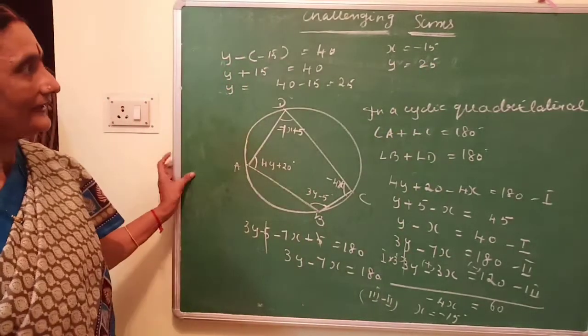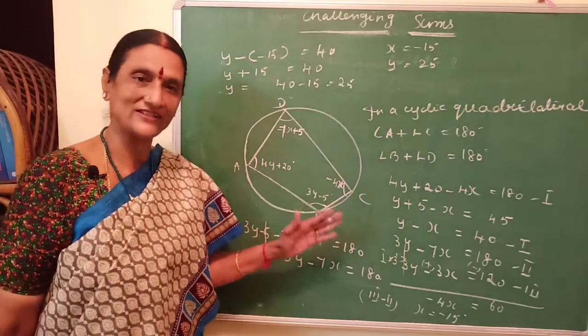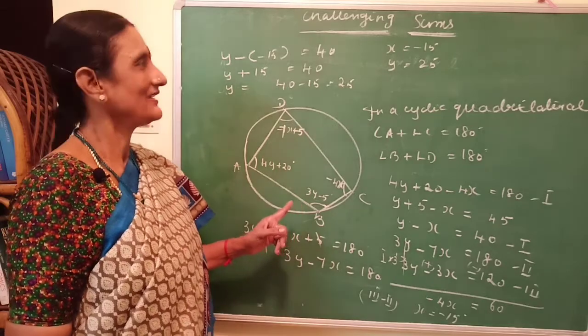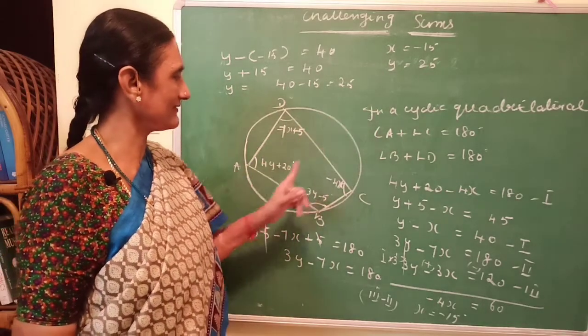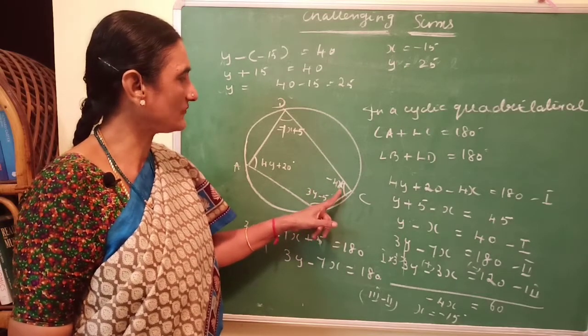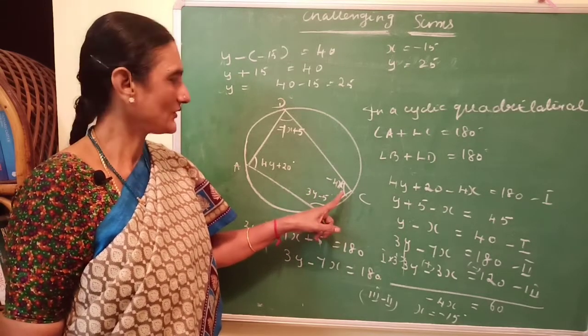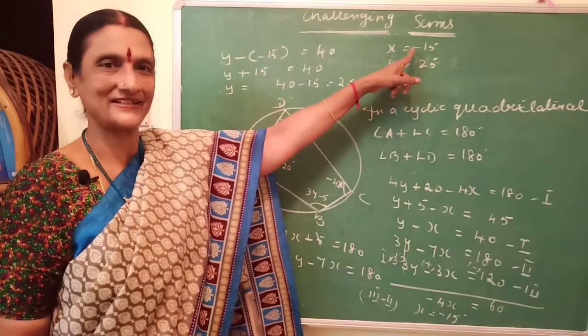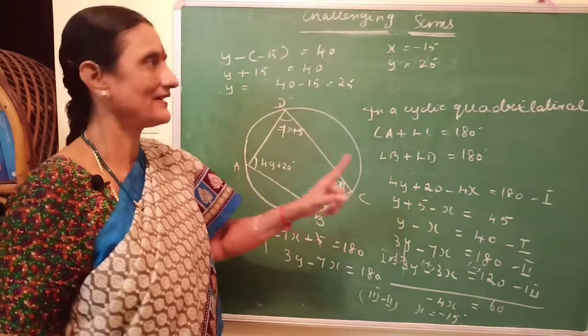Now, x and y are not the ones which are asked. We are supposed to find the angles. So, x and y are connected with the angles through this relationship. Therefore, first is angle C. So, angle C is equal to minus 4x. And x being negative, minus and minus plus.